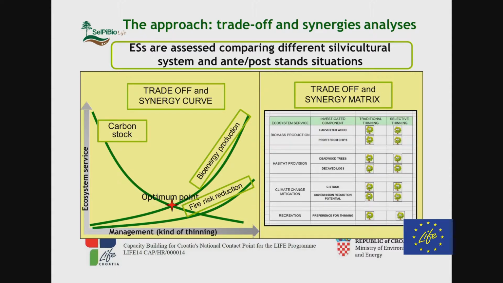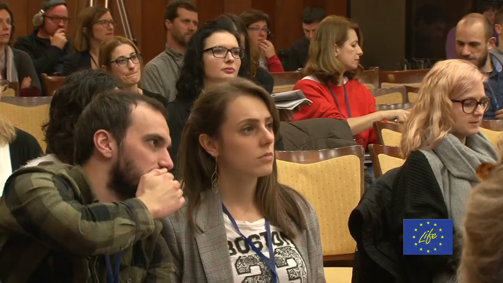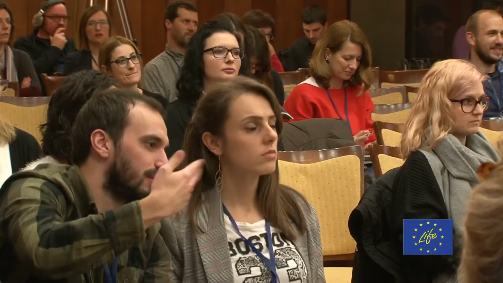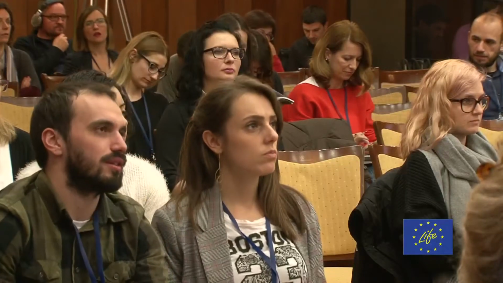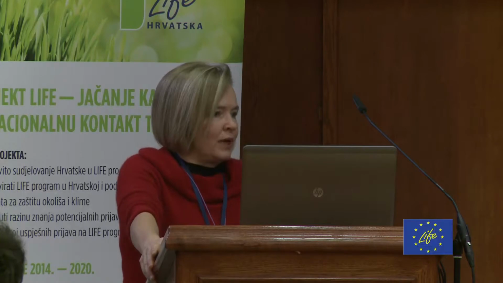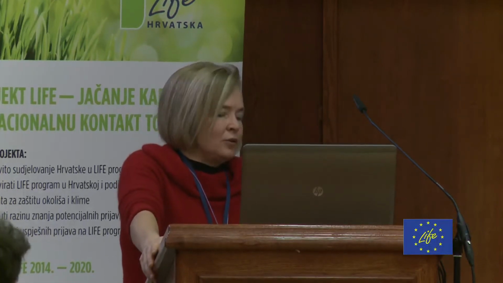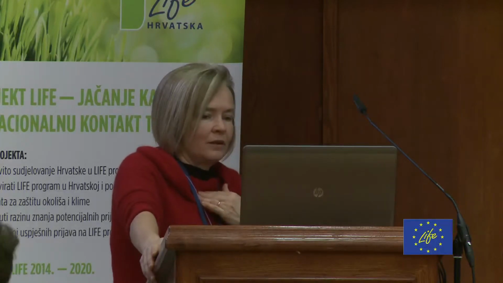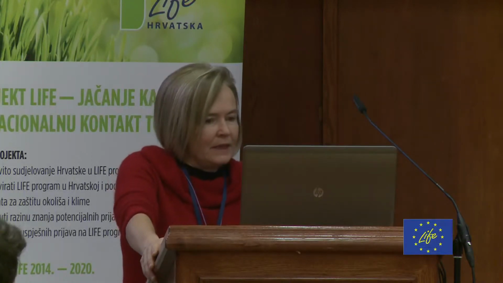And biodiversity sometimes is lost because deadwood in forest is an element that ensures biodiversity. And the idea was to find a point of harvesting, how we have to cut and how much wood we can cut to find an equilibrium among different ecosystem services.